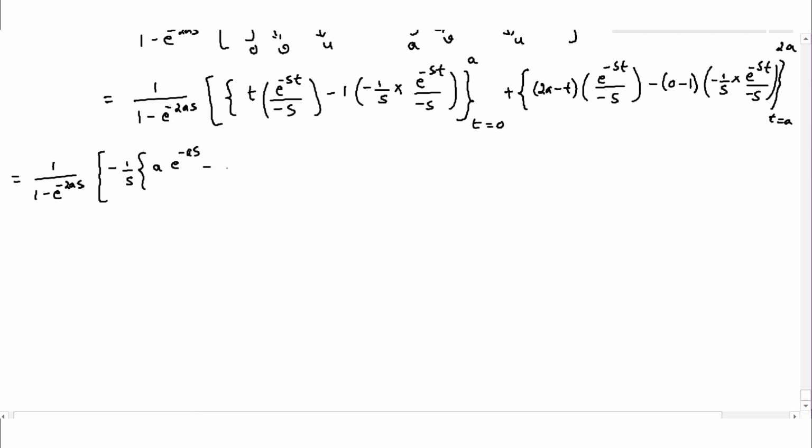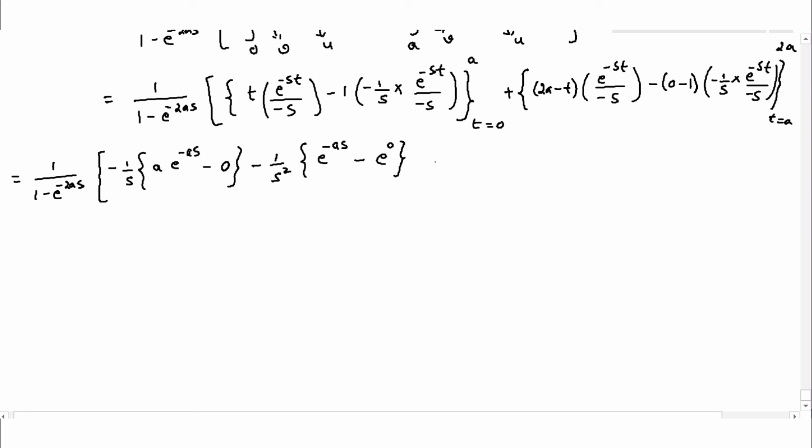So lower limit value will become 0. That is the first term. Moving on to the second term, there are 3 negative signs. So we'll just be getting negative of 1 by s into s will be s square. Upper limit value will be e power of minus, t value will be a, so as, minus the lower limit value for t will be 0. So that is your limit values for the second term.